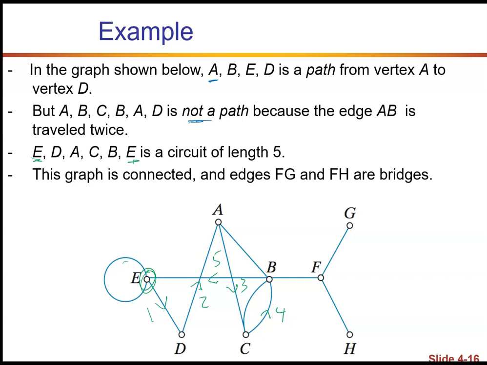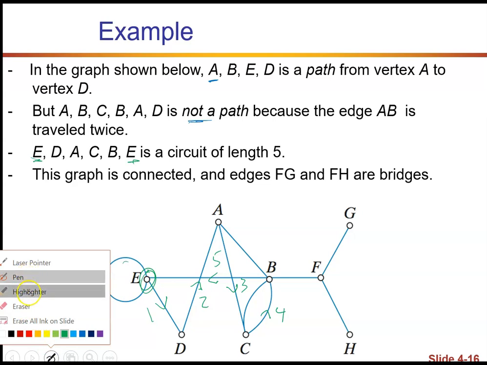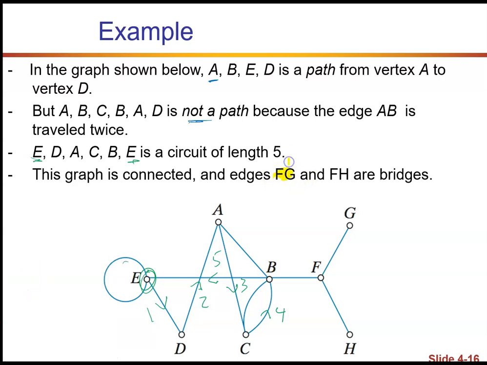Okay, it is connected. However, we do have bridges. Why do we have bridges? Well, let's take a look here. Here I have FG and FH. If I take away FG, for example, G is just hanging out there. It does not connect. There's no other edge that G connects with. Same idea with FH.